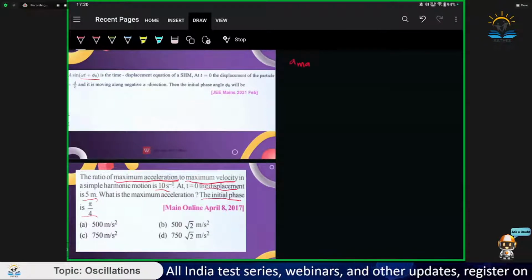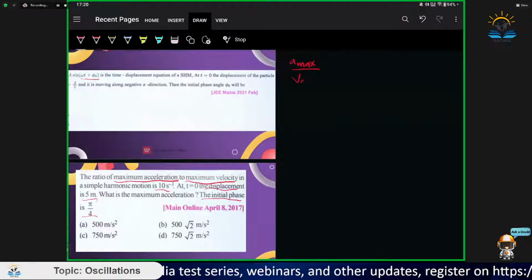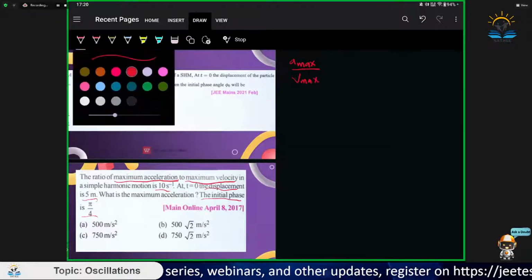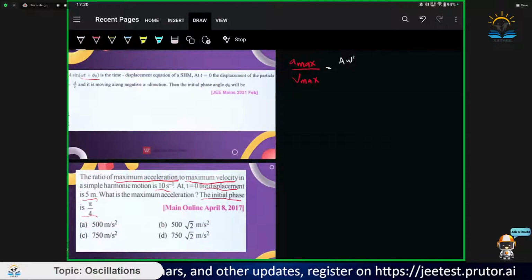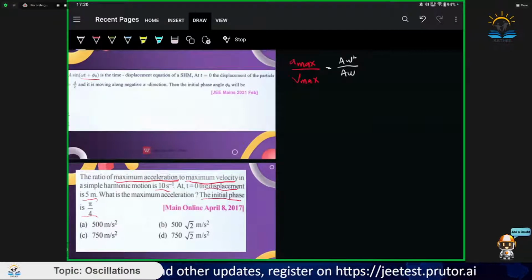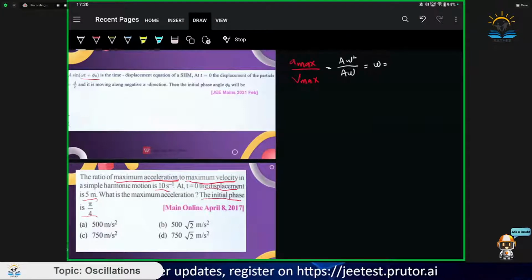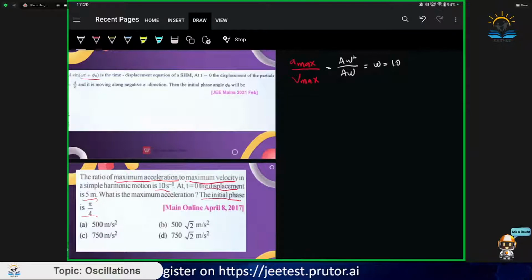We have the A max by V max relation. What is the equation of A max? A omega square. V max, A omega. So this is actually omega. So we have omega here, 10 rad per second. Okay, unit is rad per second.